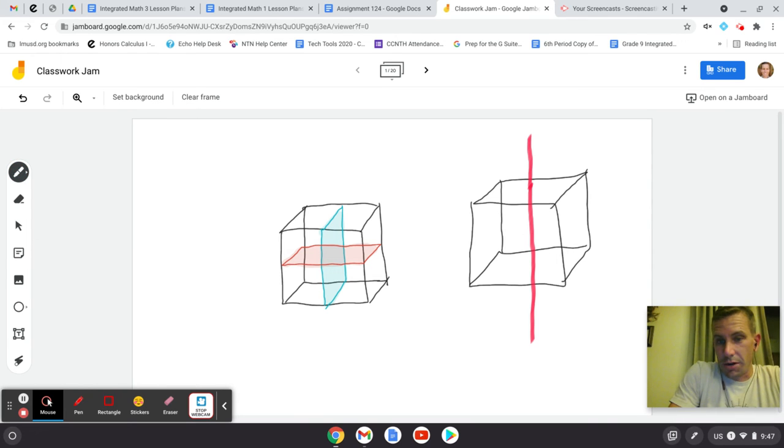Rotational symmetry are lines like this where you could spin the cube around that line and eventually have it look exactly the same. So for example, this tea canister, I can rotate it 90 degrees like that and have it look exactly the same. I can rotate it 180 degrees and have it look exactly the same. And I can also rotate it 270 degrees and have it look exactly the same.